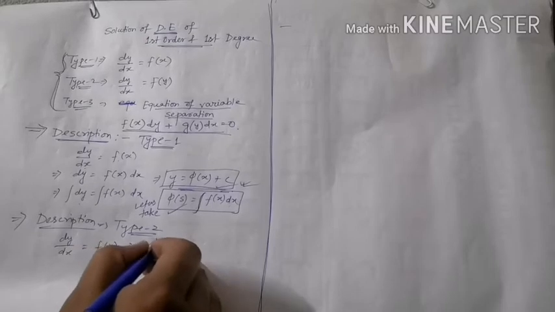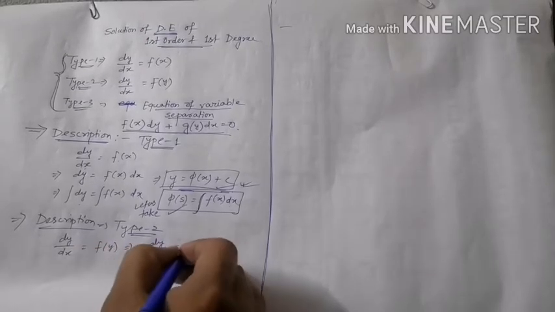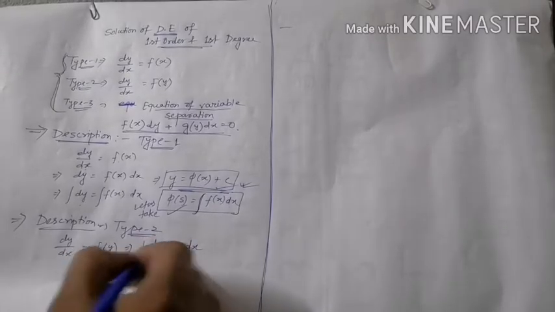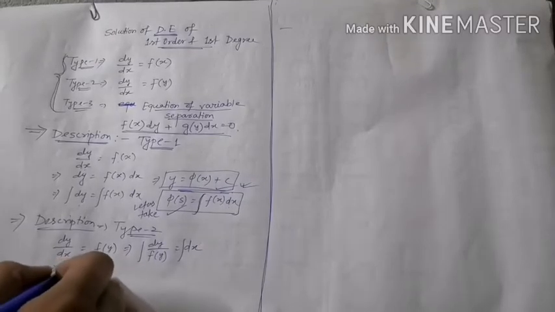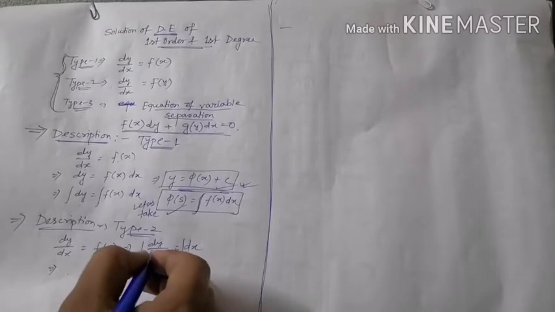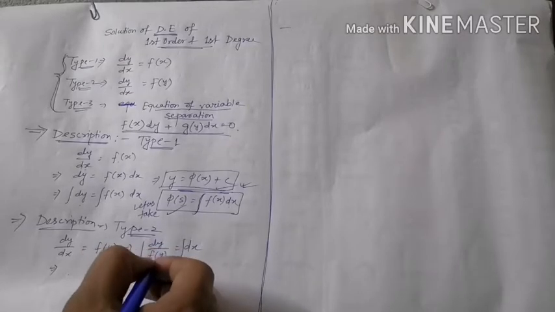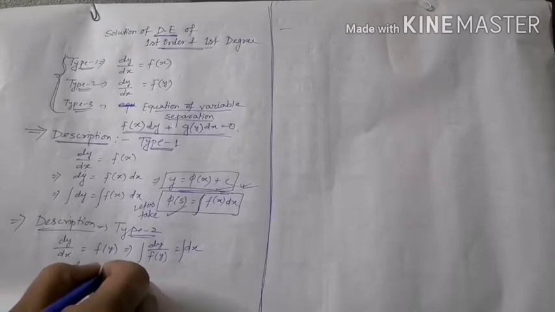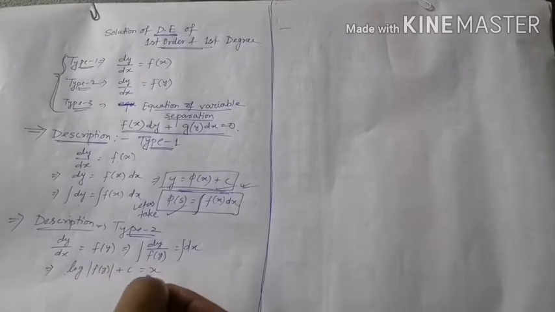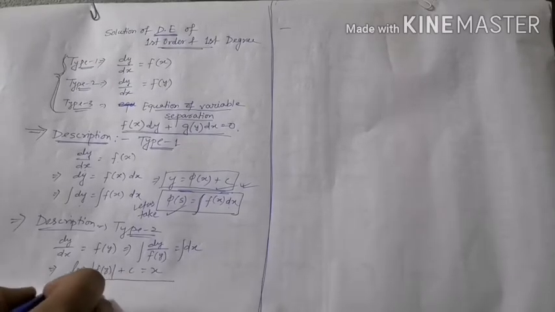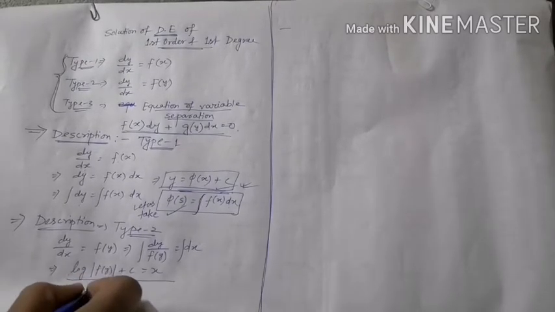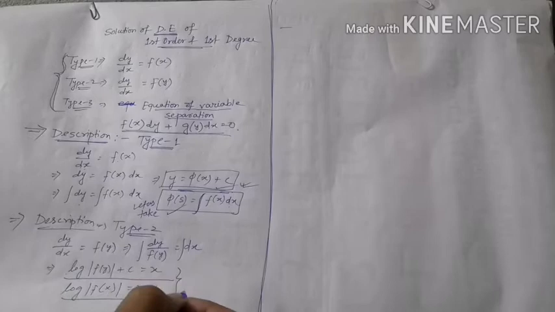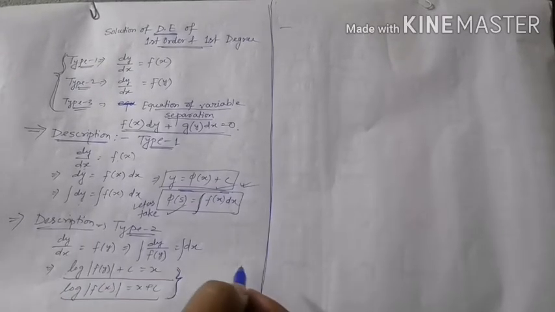Now dy by f of y we can write like this, dy by f of y equals dx, and by integrating both sides we get, so here we know the integration of dy by f of y equals log f of y plus c equals x. In many cases also we can write like this, ln f of x equals x plus c. So whatever you prefer, you can write this, both of them are right.